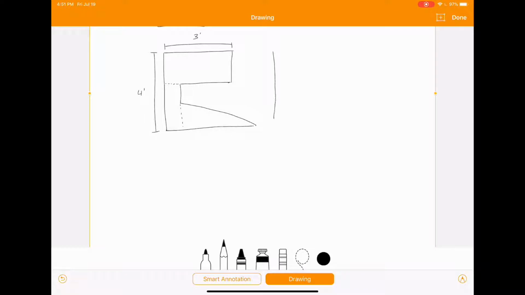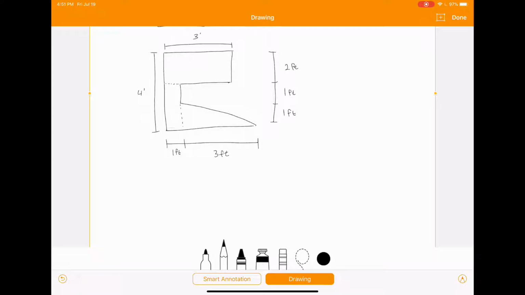If we dimension this side over here, let's make this 2 feet and 1 foot and 1 foot. And we'll make this 1 foot and this 3 feet. All right. So if we have that, we need to find the centroid of this shape.